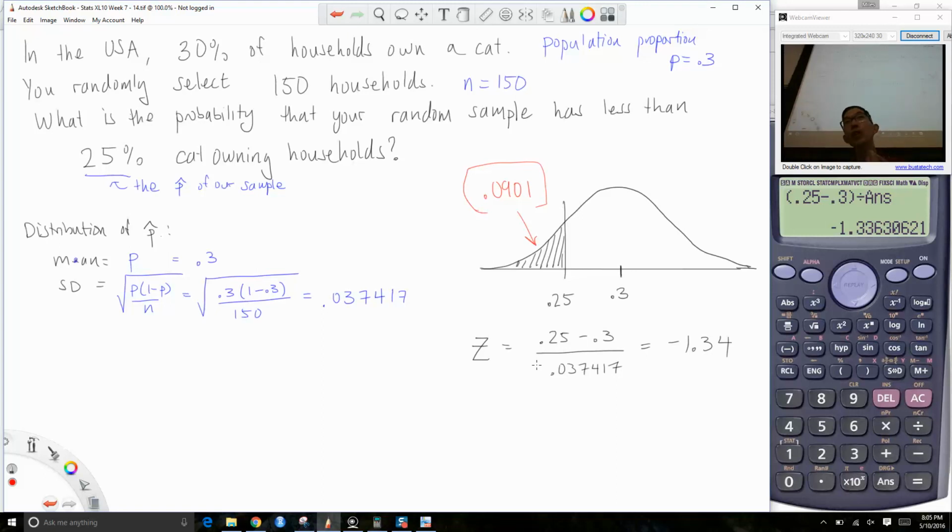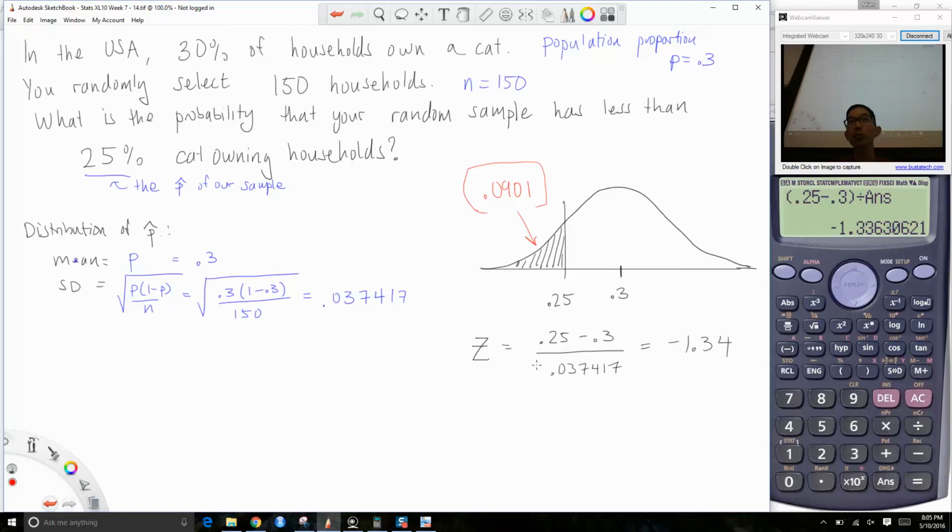But overall, if we were to keep track of all of those different p hats, overall the average p hat should be very close to the overall proportion that exists in the population. So if the United States is 30% cat owners or whatever, sure, from day to day, maybe I get 25% or 35%, or some days maybe I get 40%, or some days I get very few cat owners.